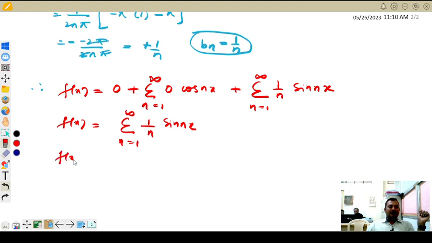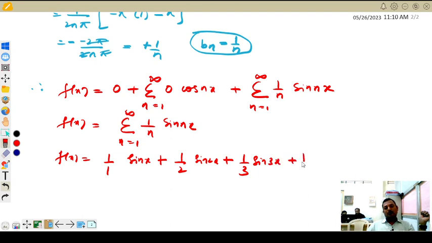Expand it. F of x is equal to, substitute n is equal to 1, 1 by 1, n is equal to 1 means sin x. Similarly, 1 by 2 sin 2x, 1 by 3 sin 3x, 1 by 4 sin 4x plus 1 by 5 sin 5x plus so on.